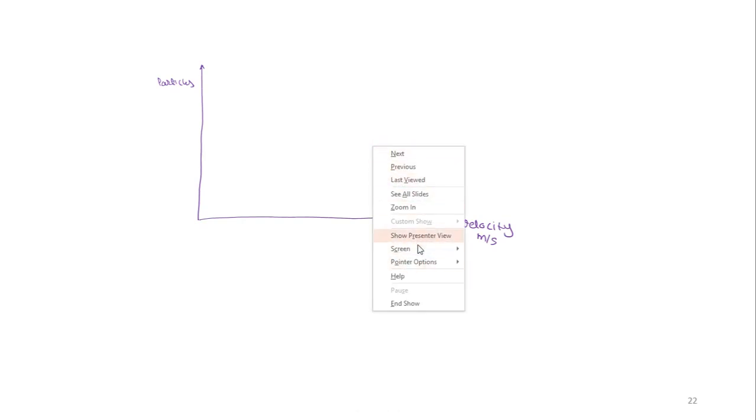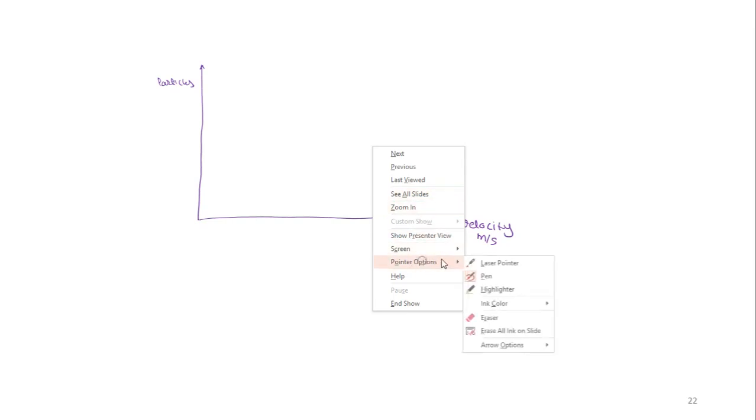We have velocity in meter per second, and particles.